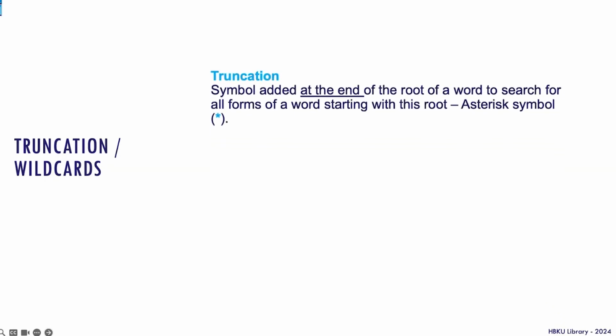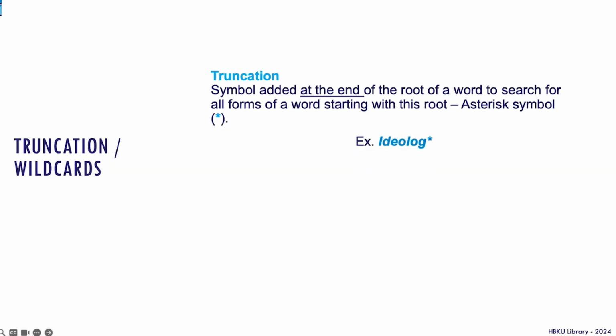Another technique you can use in research to save time and effort is truncation, or wildcards. For example, political ideologies. Ideology could be ideology in the singular, or ideologies in the plural, with IES at the end. So instead of having to search both political ideology and political ideologies, I can simply remove the end of the word where the letters change and put the symbol, which in this case is the asterisk.